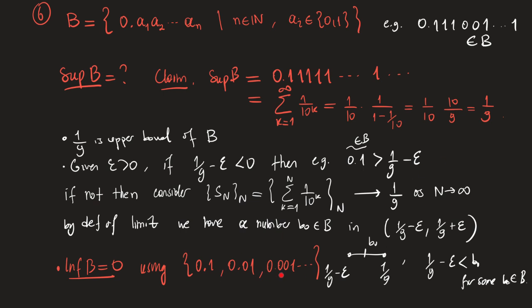Of course, I'm not going to show that, but I'm just hinting for you to do it. This kind of sequence is going to 0, right? Because the sequence is decreasing and bounded, so it has a limit, which is 0. So you are going to use the same idea to show that indeed the infimum of the set B is 0.